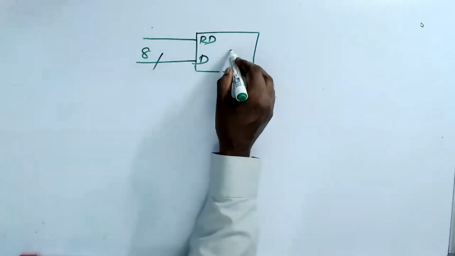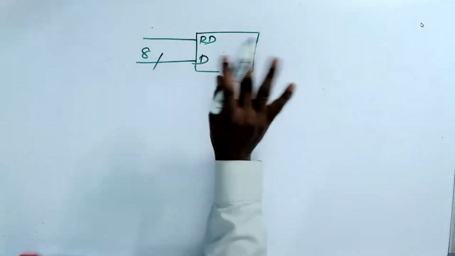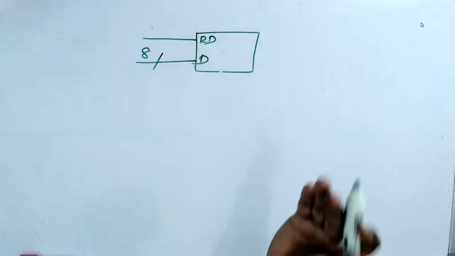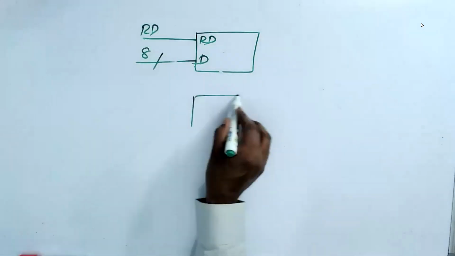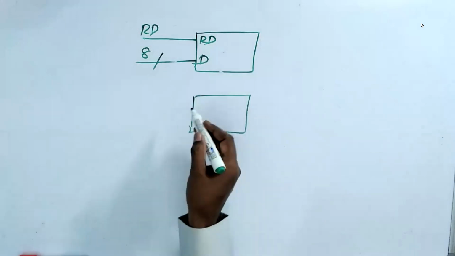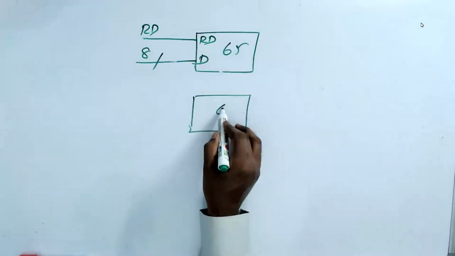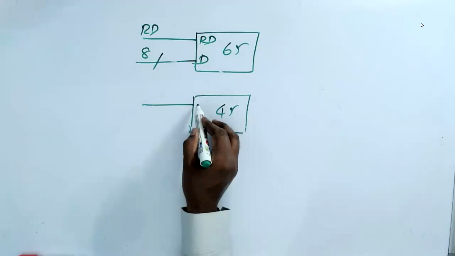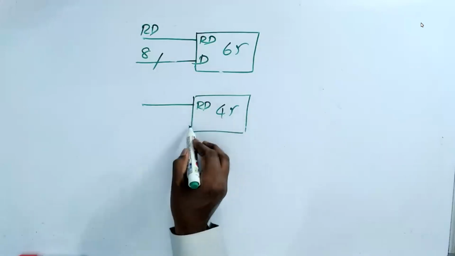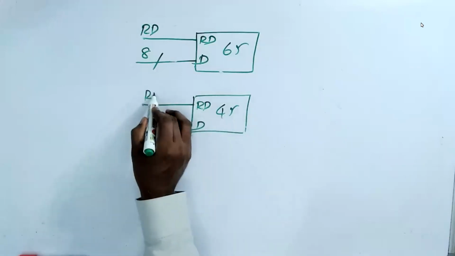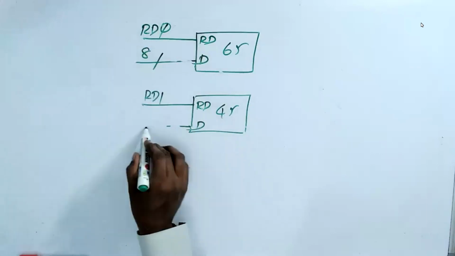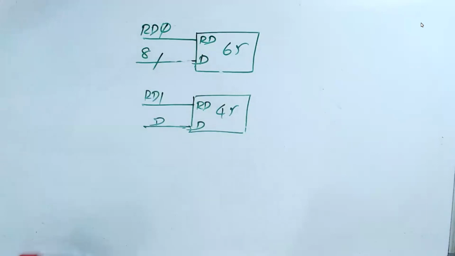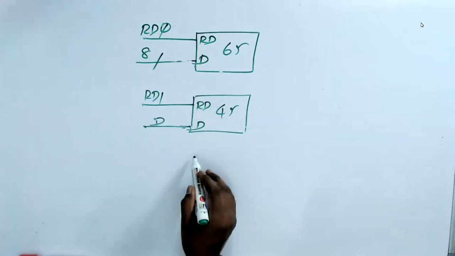What is stored here is not changeable. Who has stored it? The manufacturing company. And you have a call read. Let us say you want to have 2 locations. You want to store 2 data, 65 and 45. Then read data. This is called read 1. This is called read 0. And data is data only. All are connected. Same way, I can have any number.